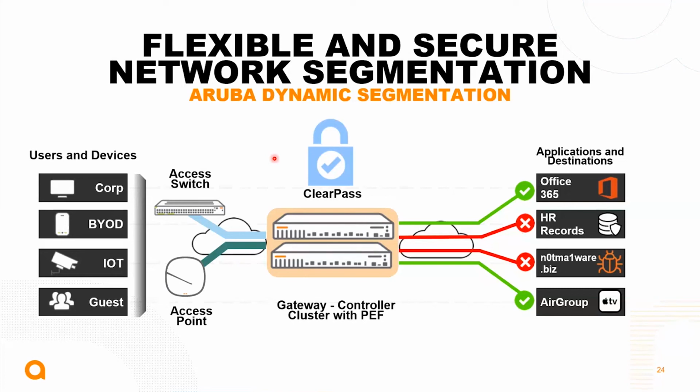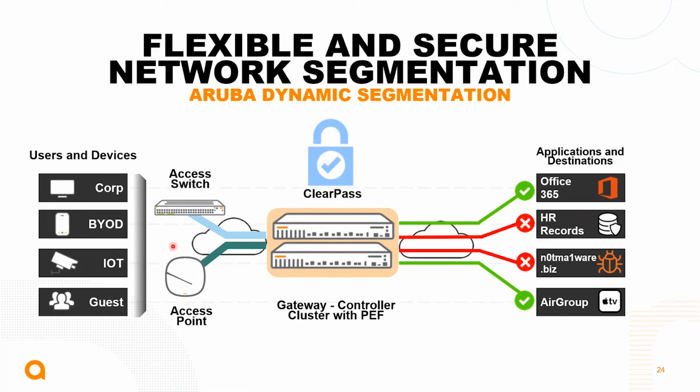Dynamic segmentation allows you to have a dynamic policy that creates microsegments based on device type or user role. So it is very rich in context. It can, for example, give you access if this person is working during the day, or I will not give him access outside of his shift if he comes to the office at night.